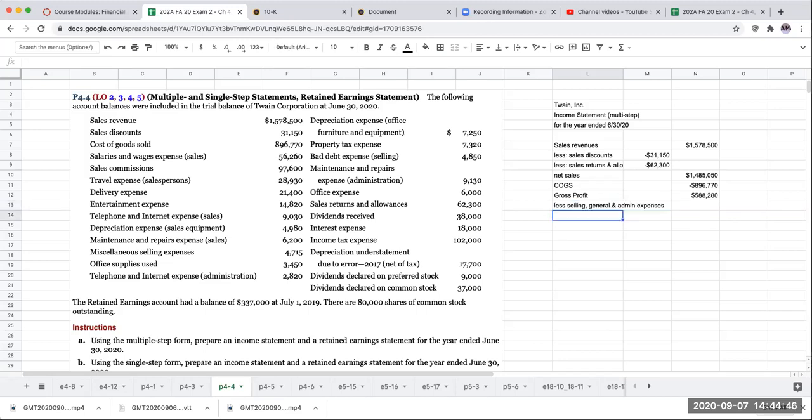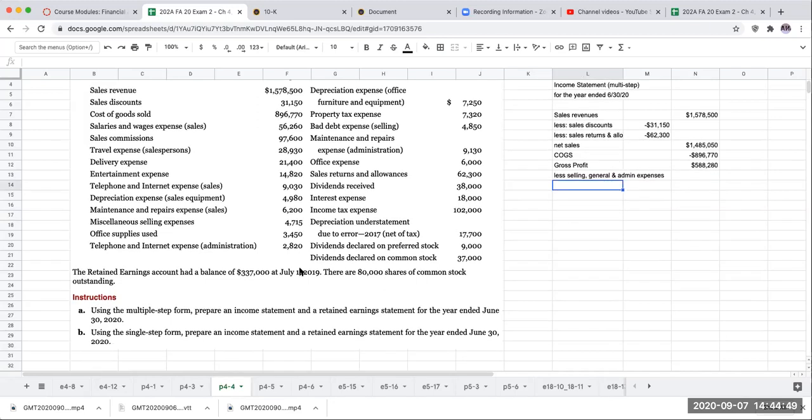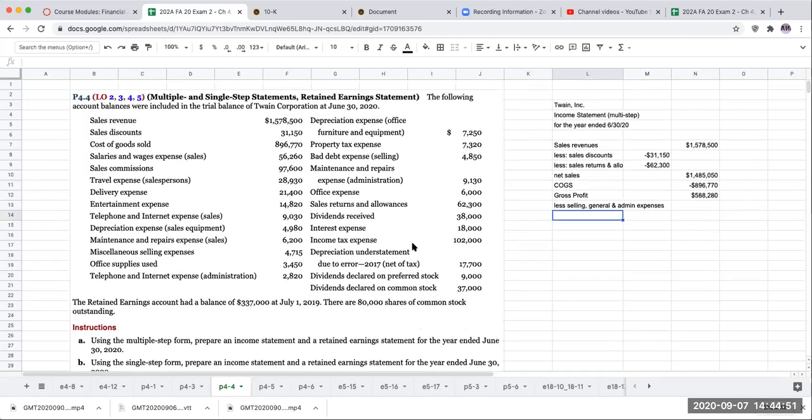For this one, you can probably look at this and say the more important ones here are the selling expenses, because we want to understand what it cost to support these sales from a sales perspective. So our selling expenses, let's just go down the line. We've dealt with sales revenues, discounts, and cost of goods sold.